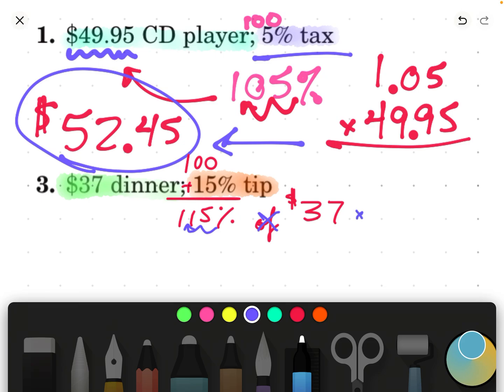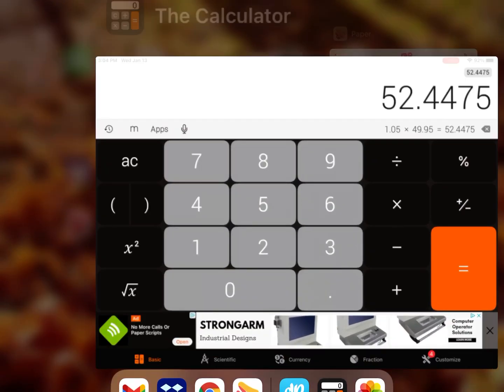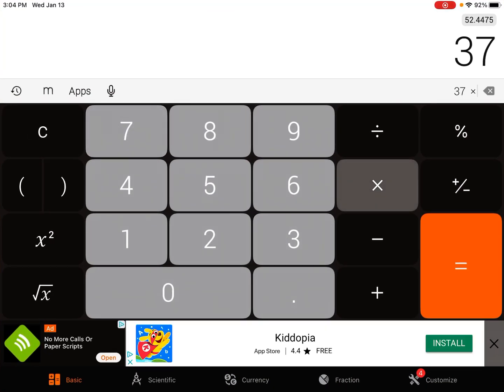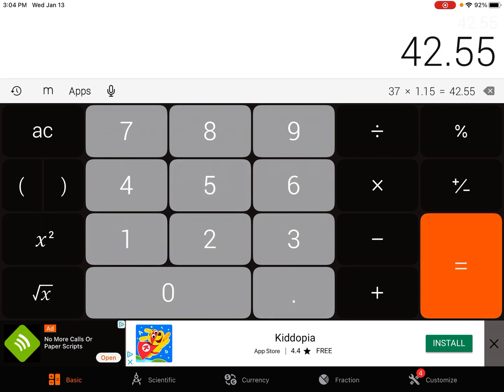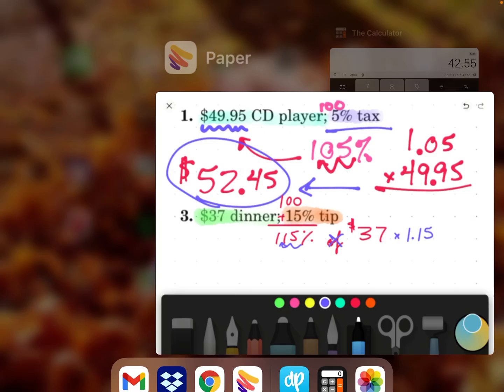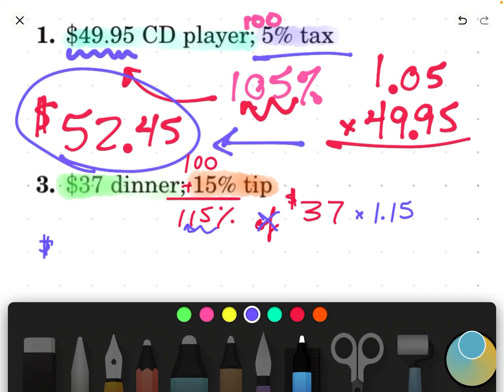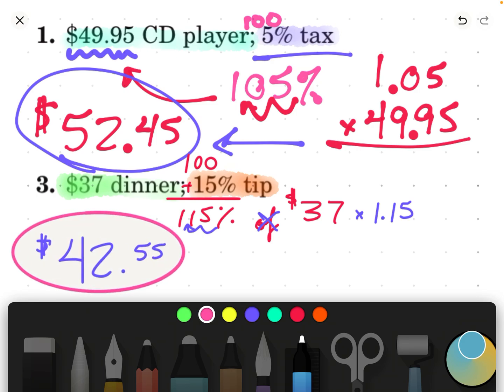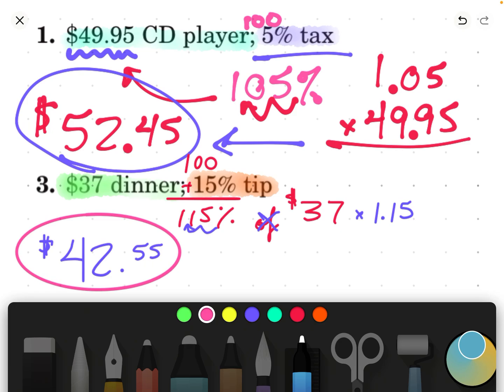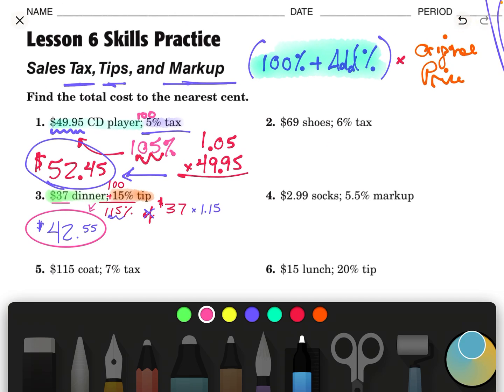We take 37 times 1.15. 37 times 1.15 is $42.55. That's going to be the total amount of money that comes out of our pocket from that dinner. Originally the dinner was $37. We include the 15% tip, and the total cost comes out to $42.55.